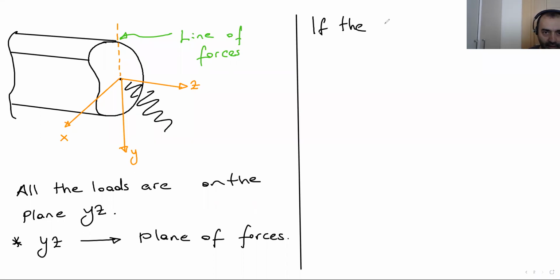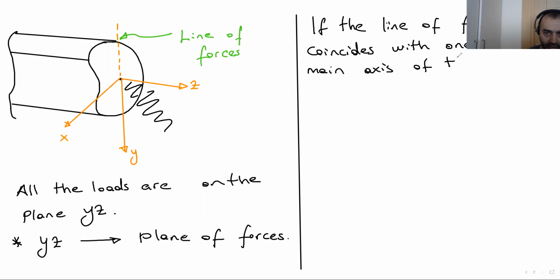If the line of forces coincides with one of the main axes of the structural member, and by the way, what are the main axes?